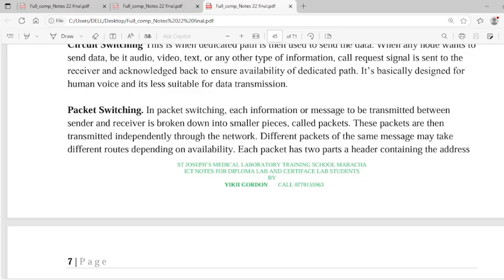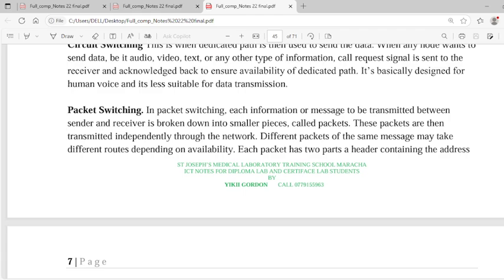A particular message is broken down into smaller parts known as packets, so that these packets can be transmitted independently, maybe using different paths to the destination. So the different packets of the same message may take different routes depending on the available routes.